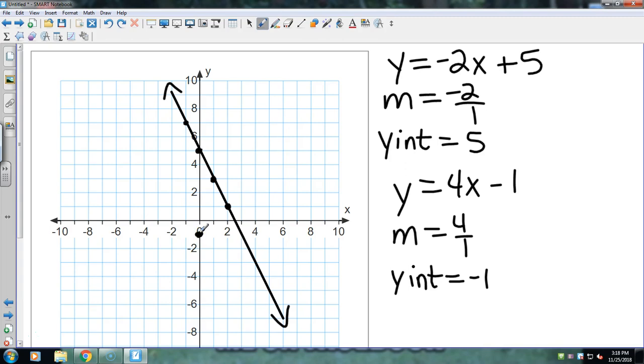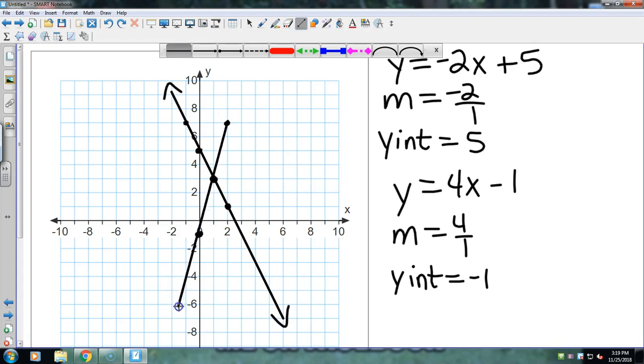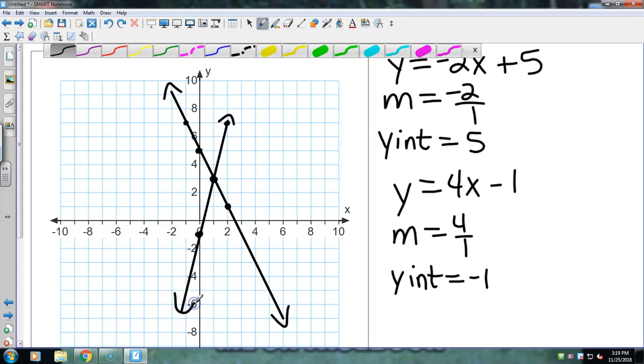And then my slope is up 4 to the right 1. And we just found our intersection point because it intersected perfectly with our graph. So our solution is 1, 3.